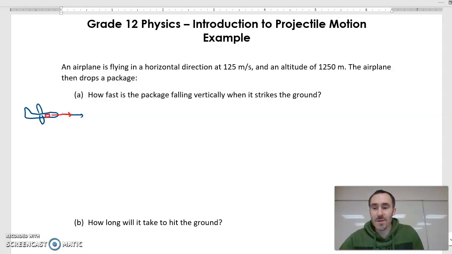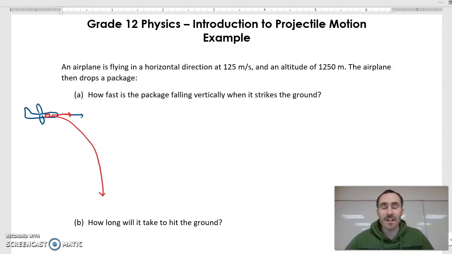Okay, so now its path is going to look something like this. It's going to form half of a parabola. And that's because it maintains its horizontal velocity. That just doesn't change. In reality, air resistance is going to decrease the horizontal velocity a little bit, especially when you're traveling that fast.